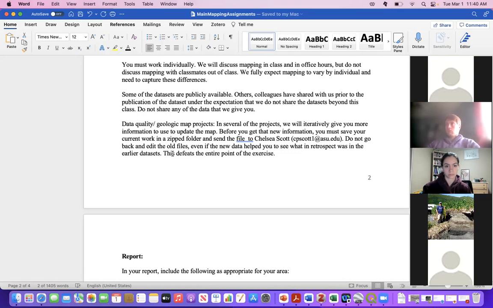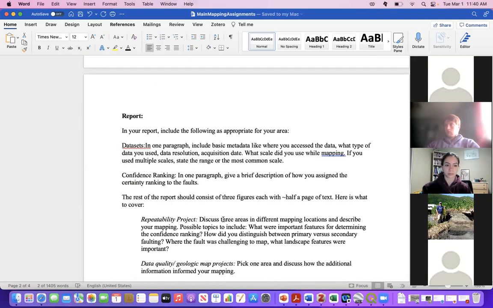The point of how we've designed the assignments is that we want to see what are the features that you can observe with each of the data sets. So send me all your mapping work in a zip file when you're done with that data set.